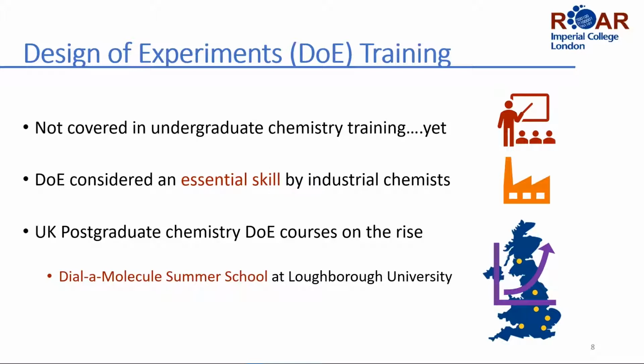When we were setting up our CDT, we did a lot of consultation with the chemical industries in the UK. And you know, it was almost unanimous. We were told that chemical industries in the UK, be it research or process, they want their chemists to have design of experiments skills.